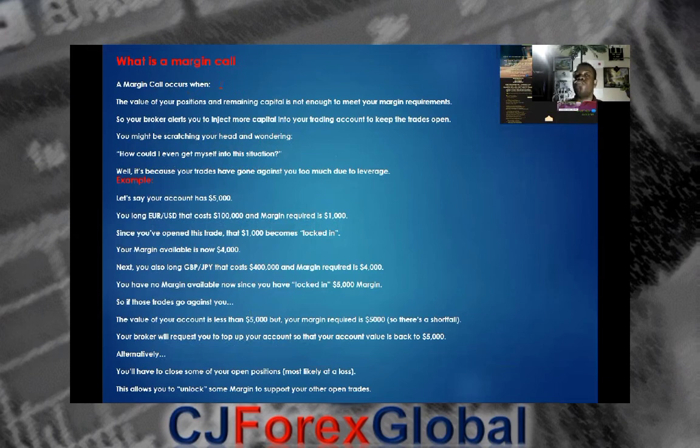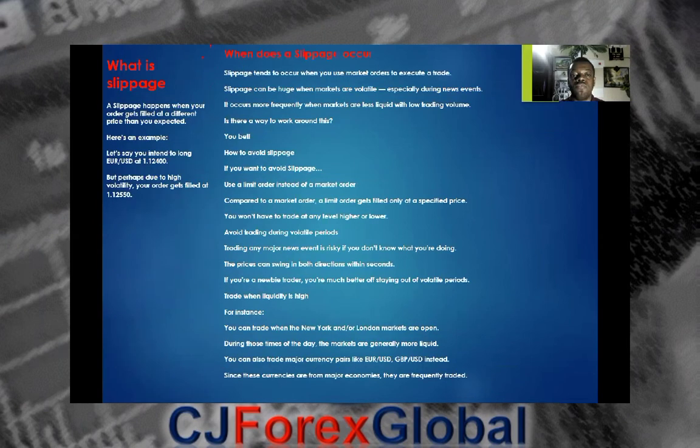That margin call is to inform you that your trade has gotten deep in loss and you should close it, or they will close it for you, because they don't want the loss to penetrate into their own personal accounts. The money they gave you, that is what we call margin call in the forex market.